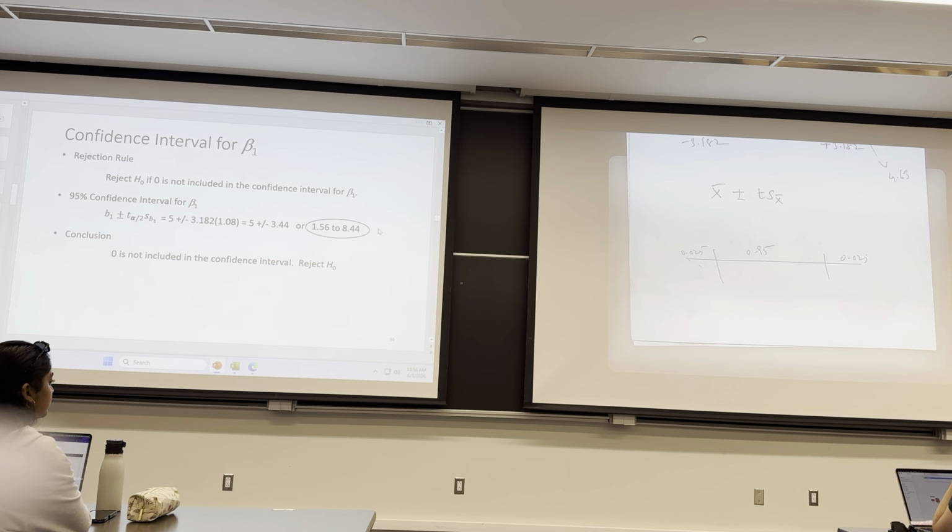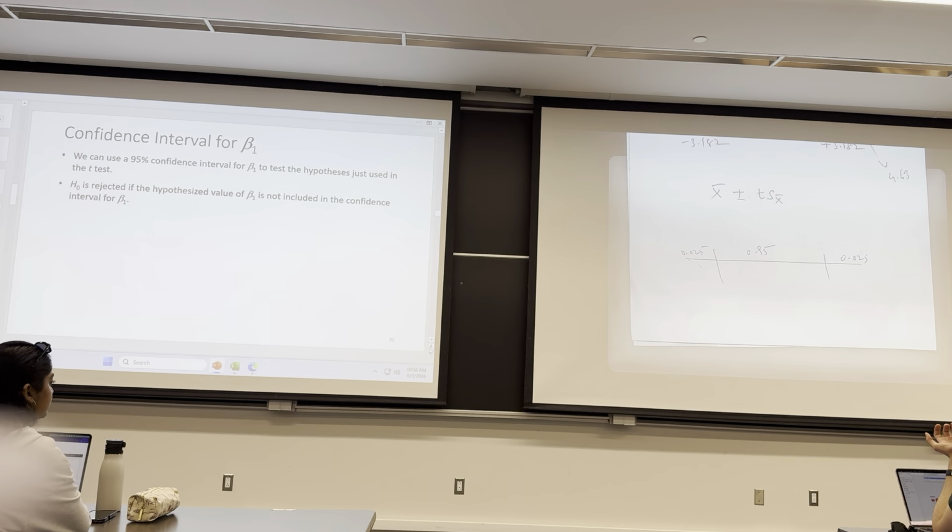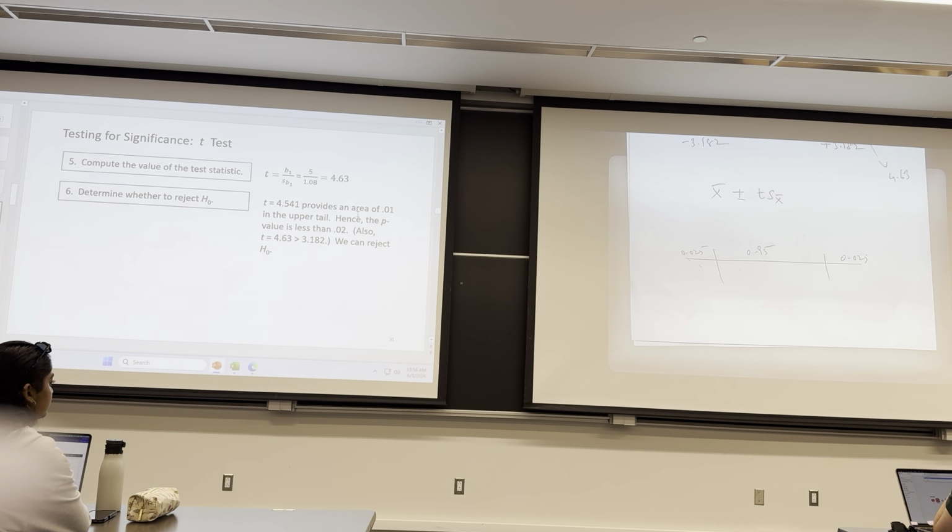If your conclusion is that the population slope is 0, or we cannot say that the population slope is not 0, it could be 0. So if it could be 0, then what will your interval be?